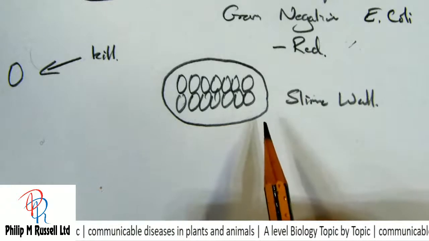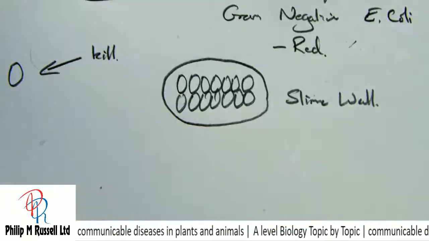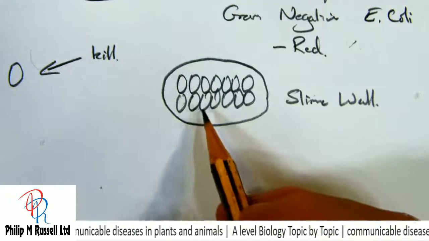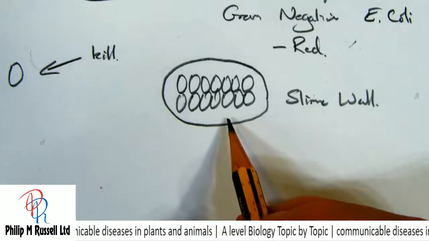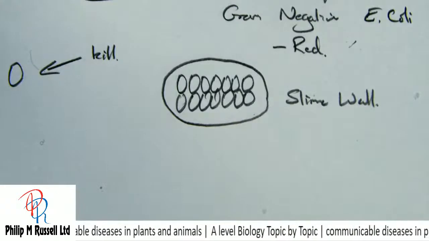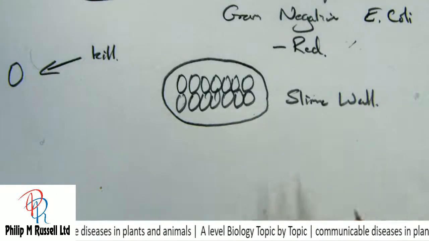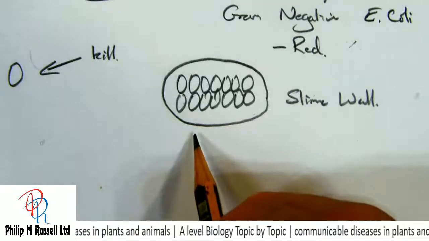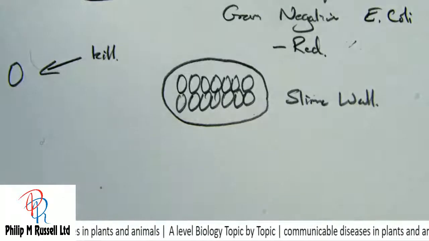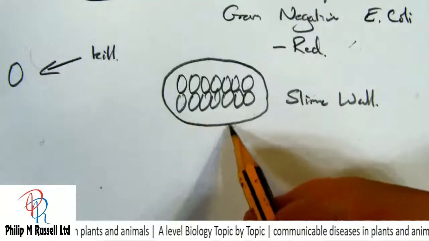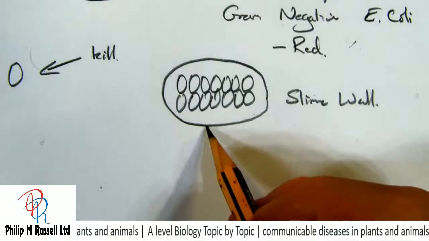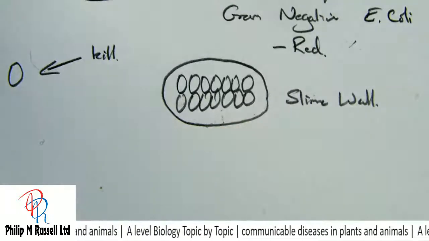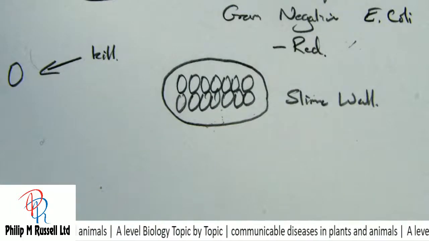So this is just one species of bacterium, and by itself it's relatively easy to kill, but once they can start to produce a slime wall, then they're really hard to get rid of, and we need to find different means of drug delivery to try and get rid of these slime walls, because it's a challenge to get through the slime wall, and then once we've got through that, to actually kill the bacteria.